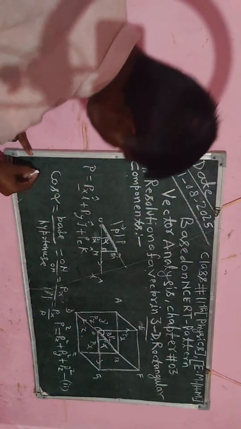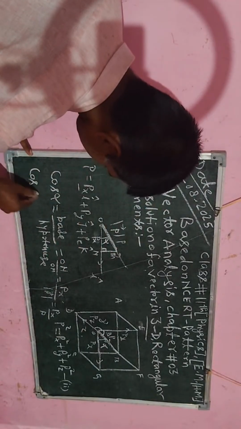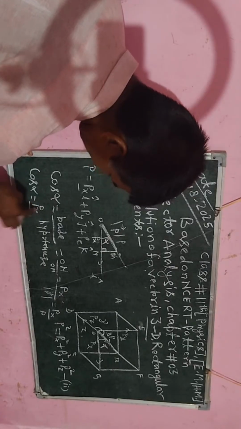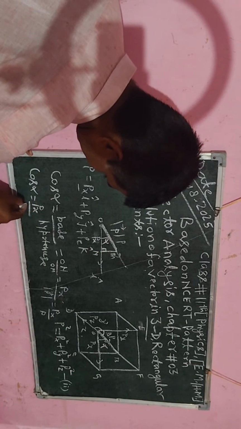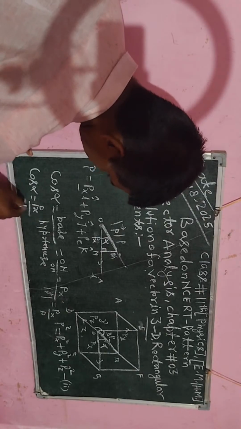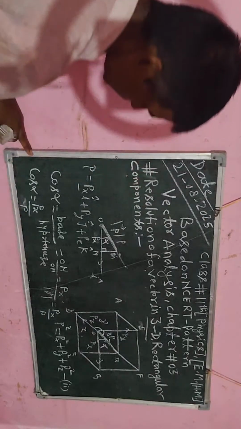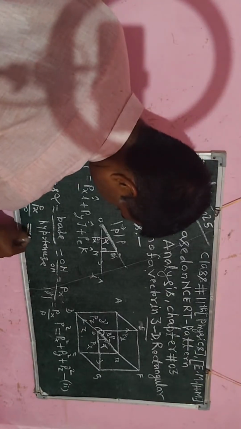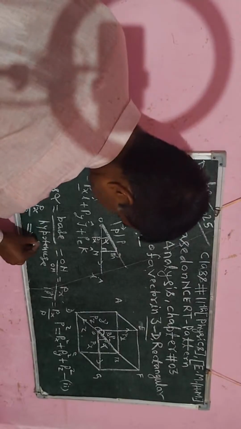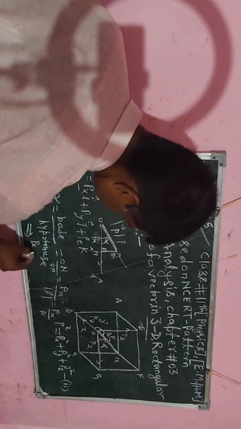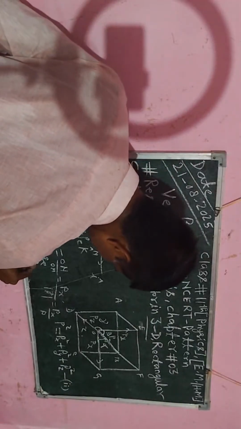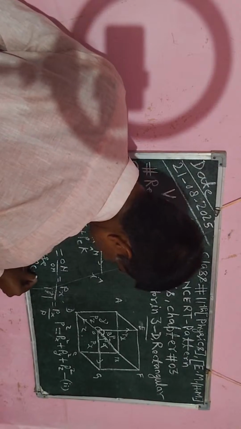In other words, cos alpha is p suffix x divided by p, where p is the magnitude of the vector. Okay, so cos alpha equals px divided by p, which implies that p suffix x equals p cos alpha.